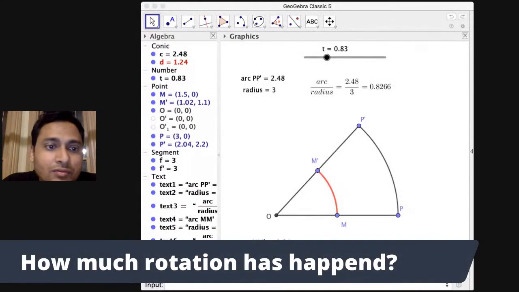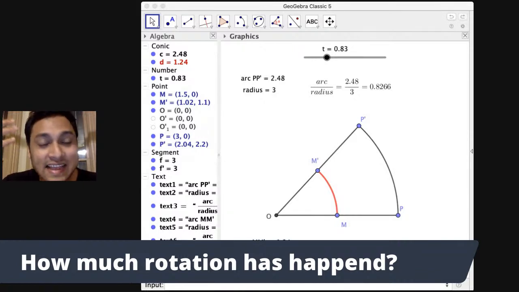If I ask you how much rotation has happened, how would you answer this question? Exactly. So if I ask you how much rotation has happened, the default answer should be 0.8266. Do you see why?